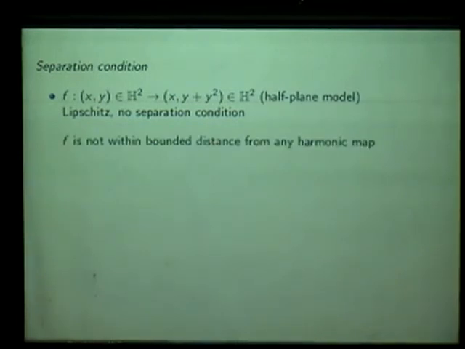So I claim that F is not within bounded distance from any harmonic map, though F extends continuously to the boundary with value identity on the boundary. So this is a nice example. Before going into the proof, which is very elementary, if I cheat, here is just an analogy.